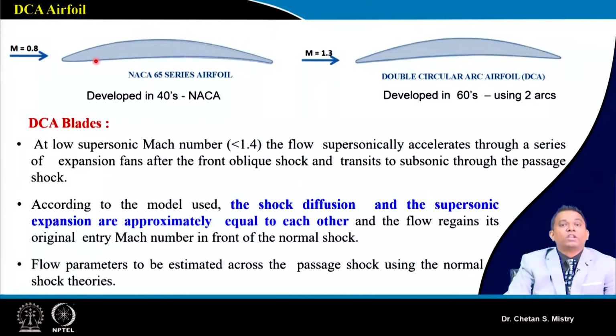Now in order to overcome this kind of difficulty, people moved to double circular arc. As we have discussed, this was the aerofoil developed during the 60s. So here we are having one circular arc, this is my second circular arc, and our leading edge and trailing edge are slightly rounded.